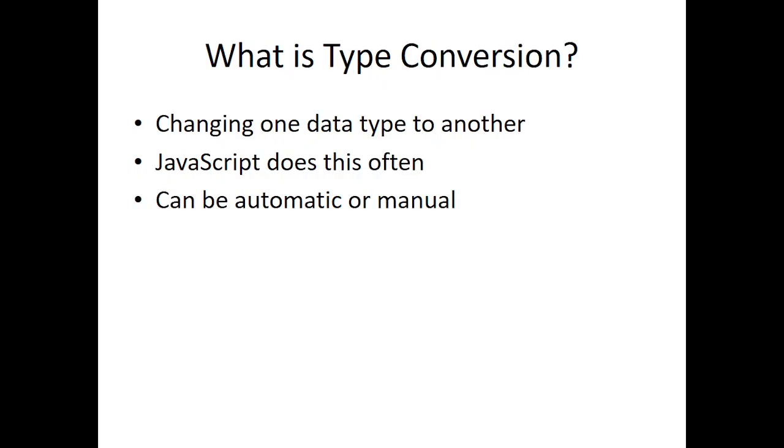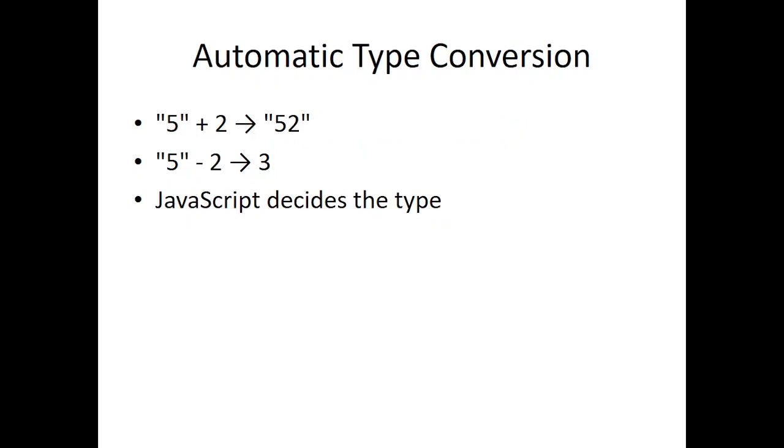Now, what is type conversion? This is something very important. Type conversion means changing one data type into another. JavaScript sometimes does this automatically and sometimes we do it manually. Let's see automatic type conversion.